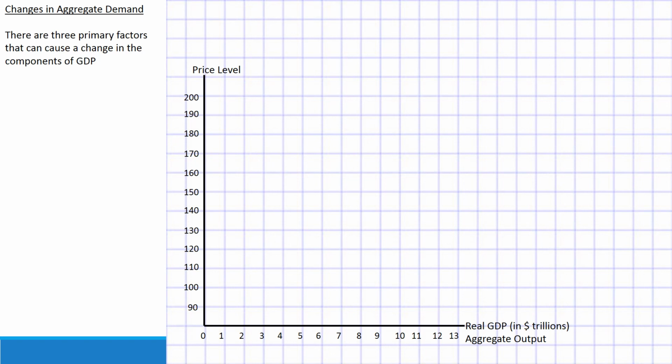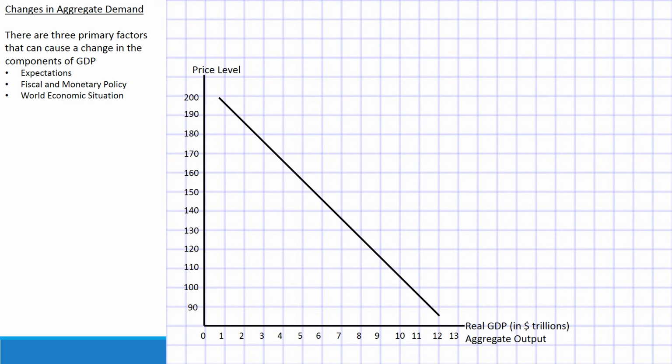So there are three primary factors that can cause a change in the components of GDP. So we said these three right here: expectations, fiscal and monetary policy, world economic situation. So here's aggregate demand. So we see the curve. Now, whenever it shifts to the left, whenever aggregate demand falls from here to here, from AD1 we'll call it to AD3, whenever that occurs, it's because of one of these factors, and we see this fall in aggregate demand.